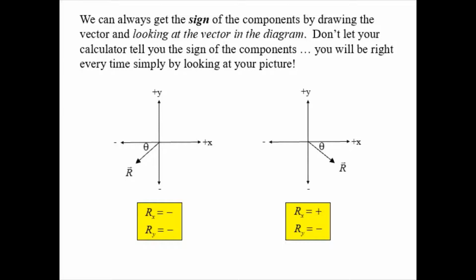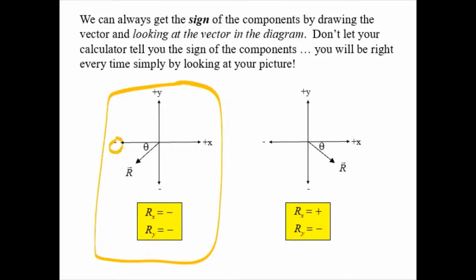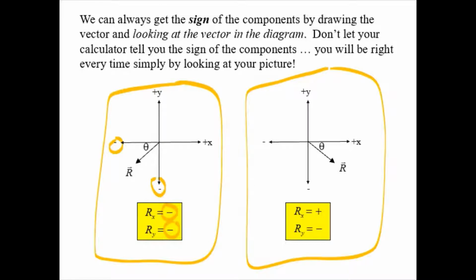Again, looking at the one on the left, r sub x and r sub y would be negative in this case. And the signs of our components in the diagram on the right, we would have a positive x and a negative y. Okay, so we can always get the signs of our components correct by just observing our diagram and how the vector is pointing in our coordinate system.